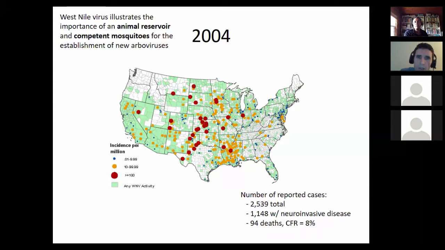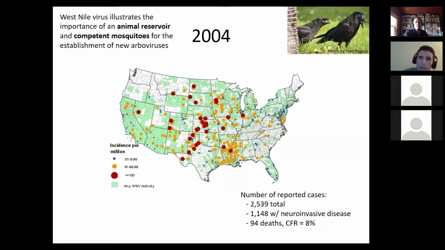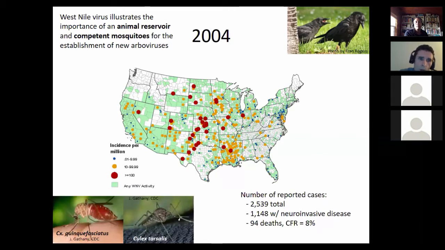The reason I'm telling you about this is that West Nile illustrates the importance of an animal reservoir and also competent mosquitoes for the establishment of new hosts. We know that a wide range of birds can get West Nile virus, but crows and jays were really efficient, and both of those types of birds are pretty widespread. There are a number of vectors. I'm showing here the southern house mosquito on the left, and then out west, Culex tarsalis is a very important vector.